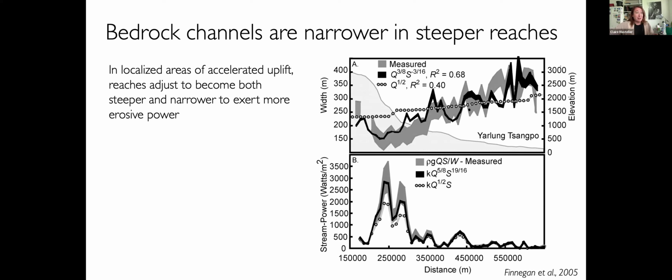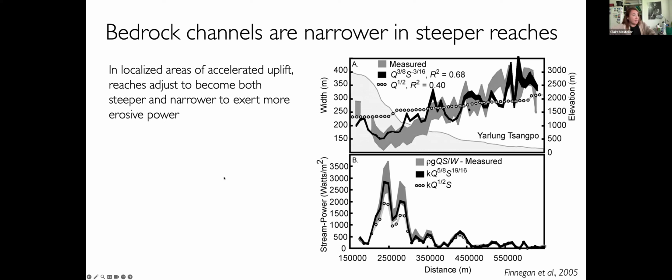And so Noah demonstrated this quite nicely and incorporated slope into downstream hydraulic geometry scaling to allow for that. And so our question is, is this the same in alluvial rivers?